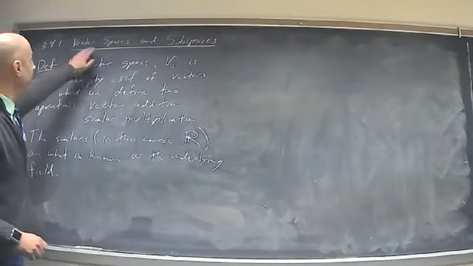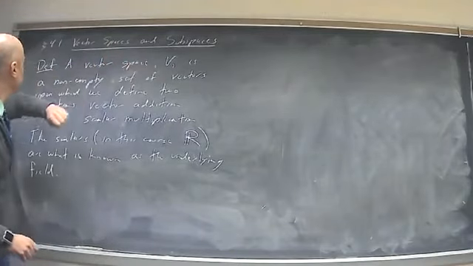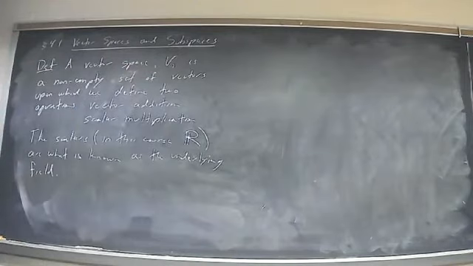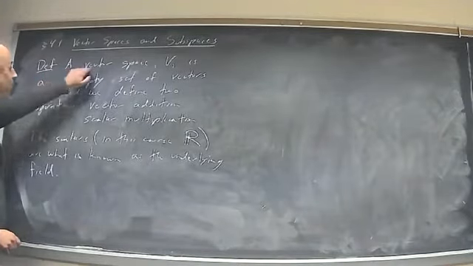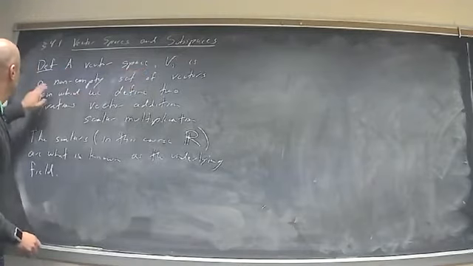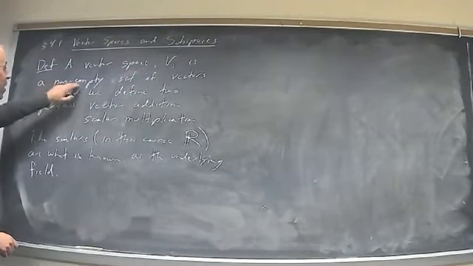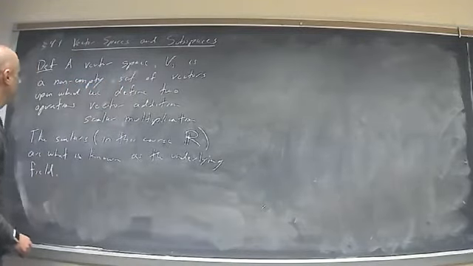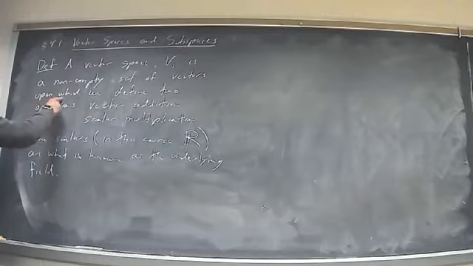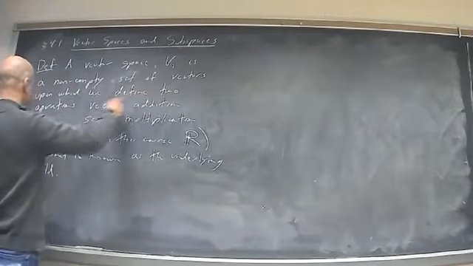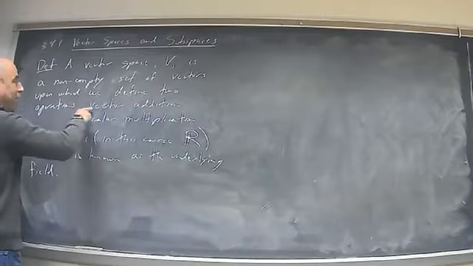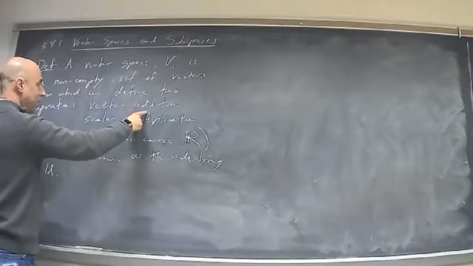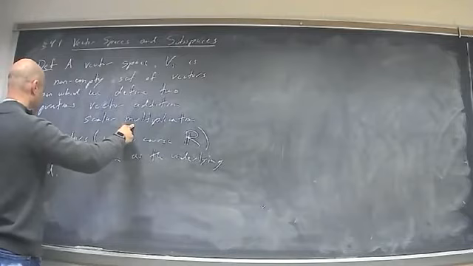So vector spaces and subspaces. So a vector space V is a non-empty set of vectors upon which we define two operations: vector addition and scalar multiplication.